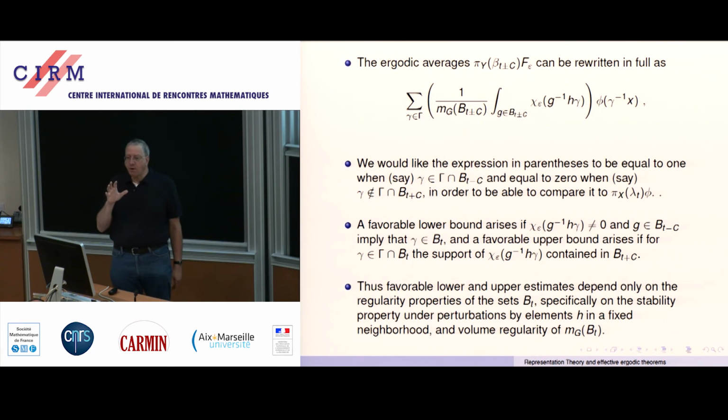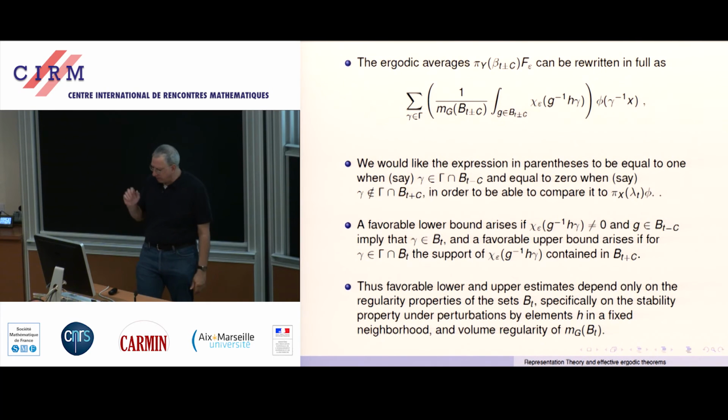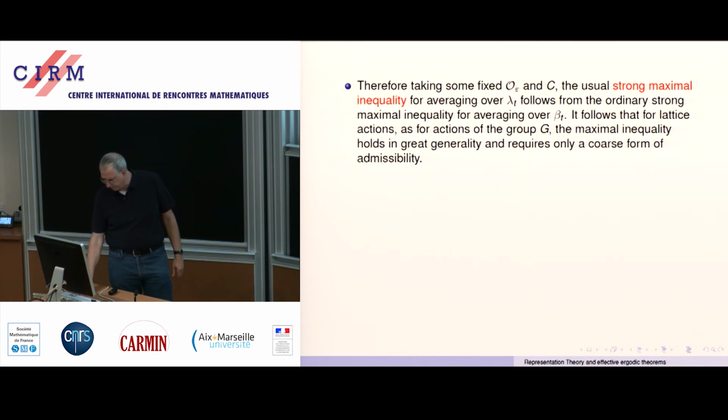So these properties are absolutely crucial in our analysis, and we are not able to deal with general sets in gamma. We have to have very special sets, and they have to have these nice geometric properties or stability properties, but once they do, then we can approximate these averages on gamma.